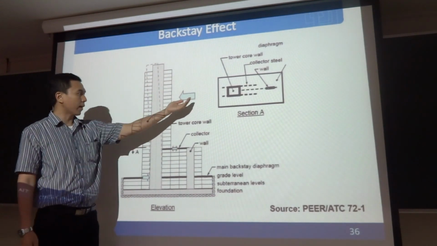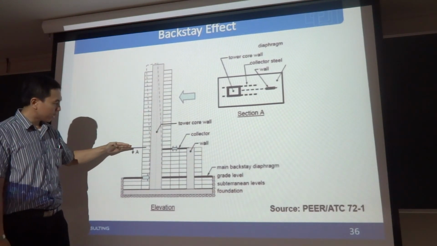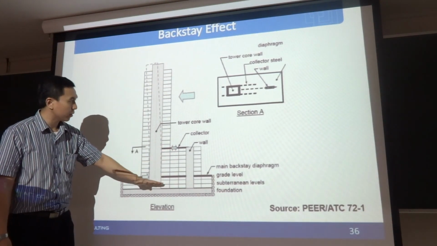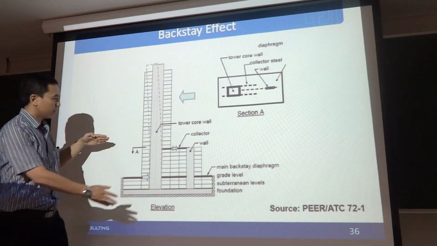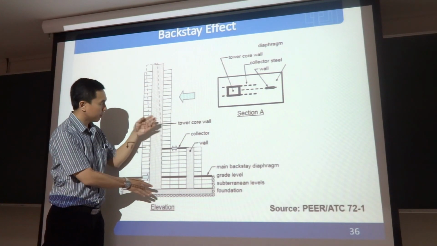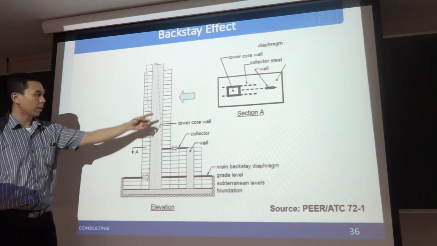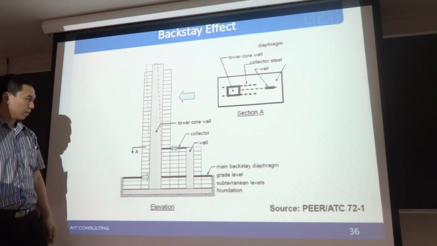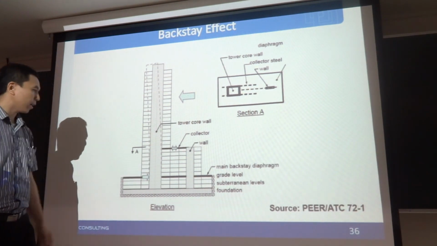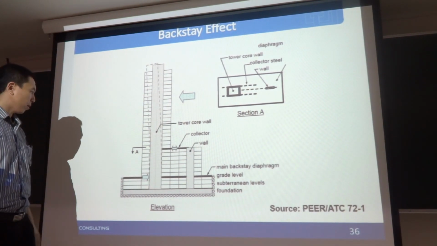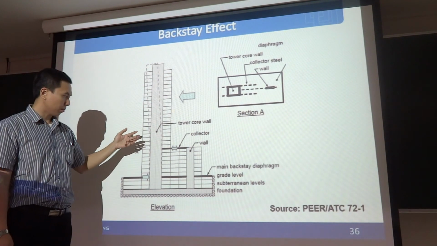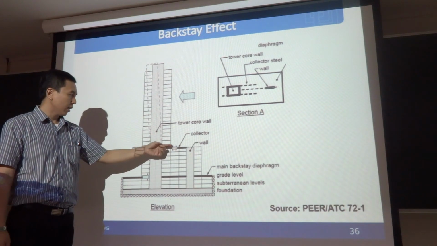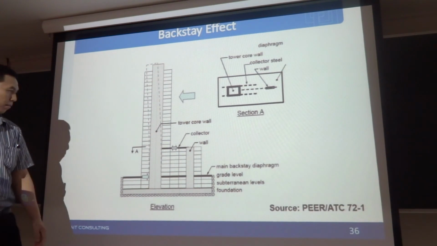So when the lateral load comes, if the podium diaphragms are stiff, they will generate a couple to resist the overturning moment due to the lateral load. So due to the backstay effect, the forces in the shear walls may be reduced, but the diaphragm forces at the podium level and the ground level might be increased.